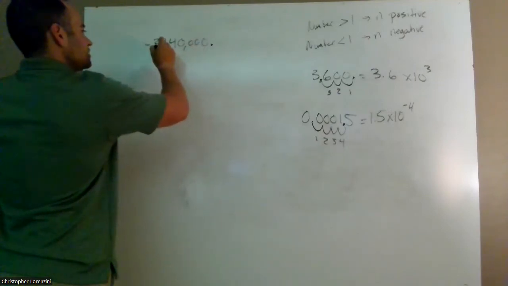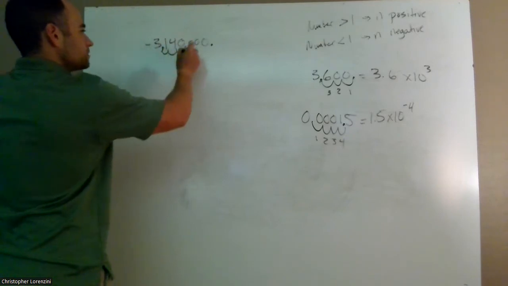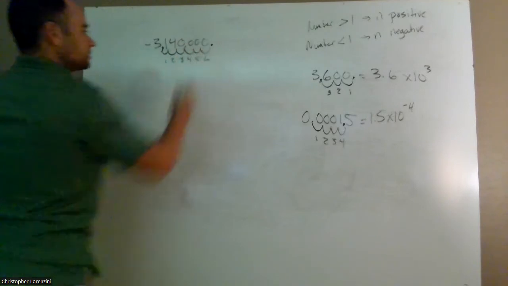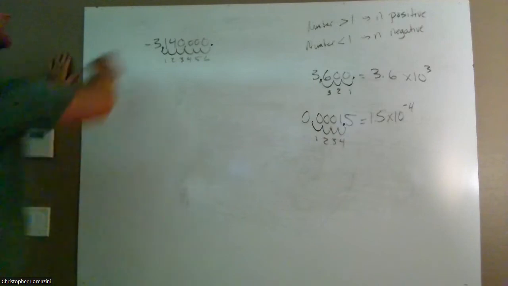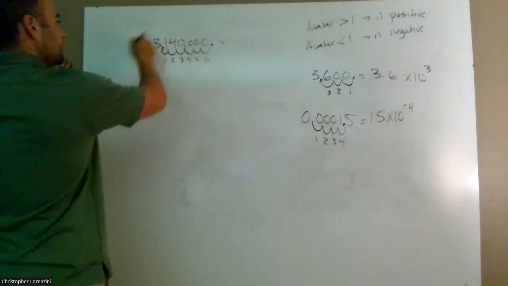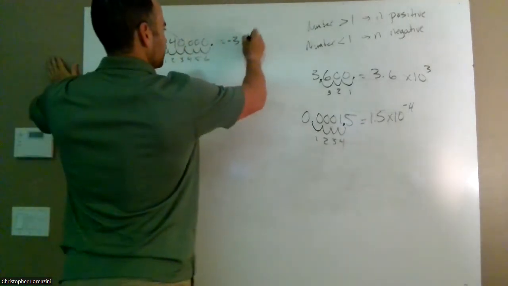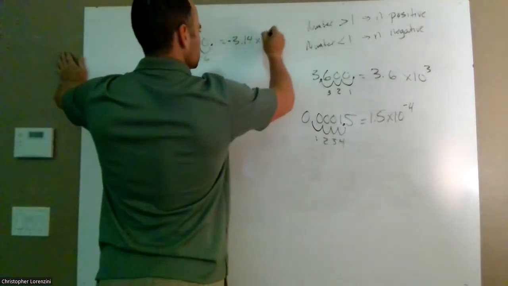So my decimal's here. I need it to come over here to the leftmost digit. I am moving it 6 units over. So when I take a look at this number now, I can rewrite it. My A is everything right here, negative 3.14. I'm moving it 6 units.